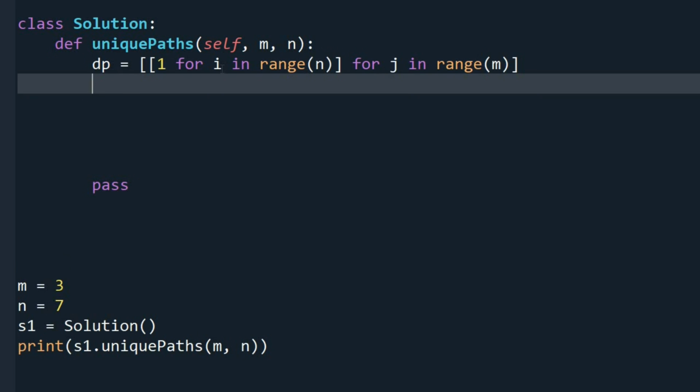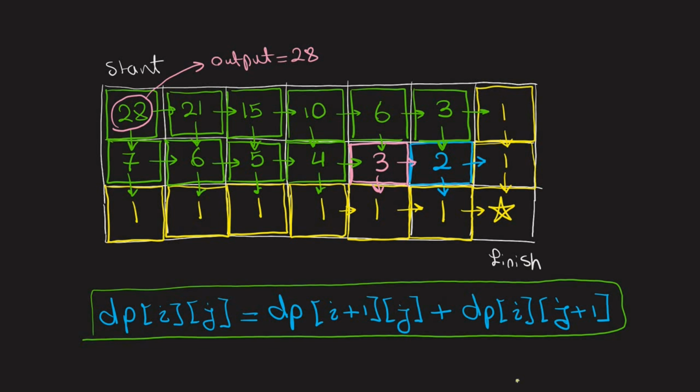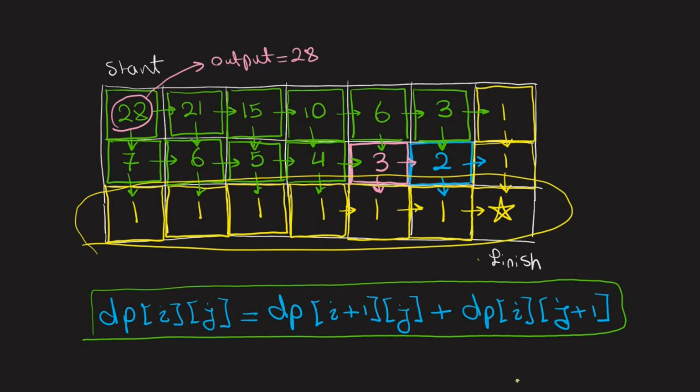So now we have a grid called dp where all of the elements are 1. As we saw in our solution, for the last row and the last column we want the values to be 1, so we are initializing dp to 1 for all of the cells.